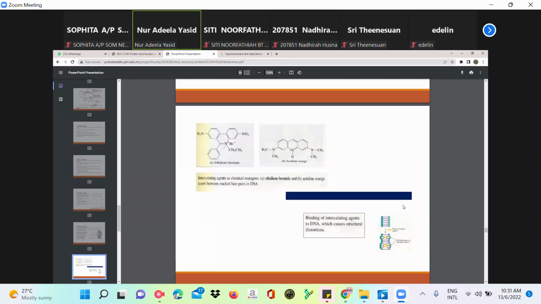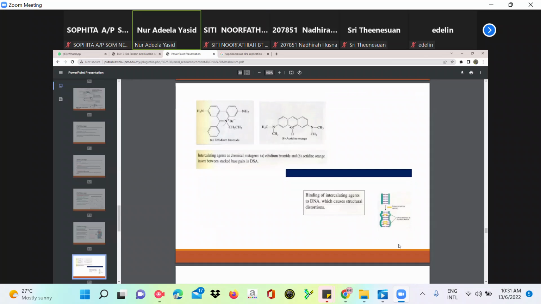Can you see the example here? This is your double helix. When intercalating agents are inserted in between the base pairs of the DNA, it causes structural distortions. That's why, when DNA mutation occurs, we may exhibit a very special, unique, different situation.